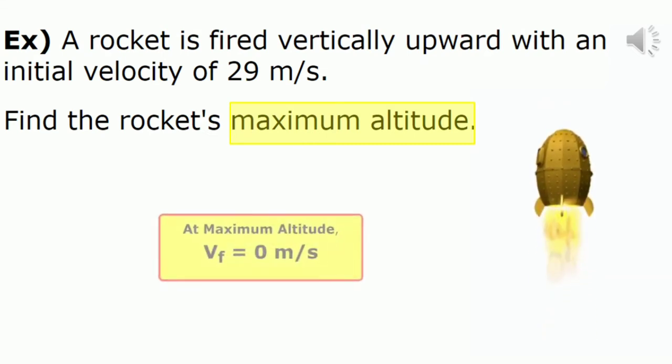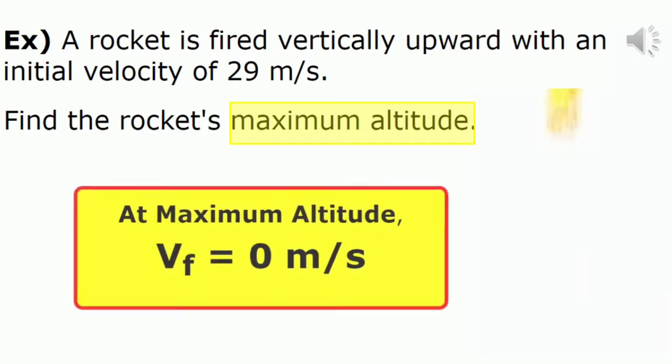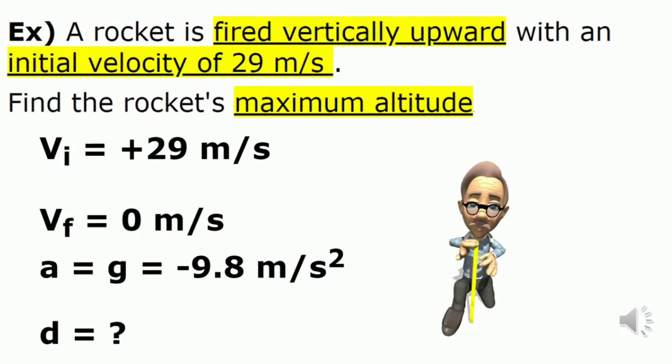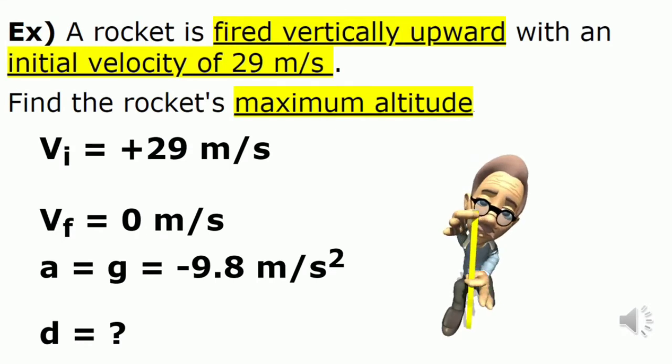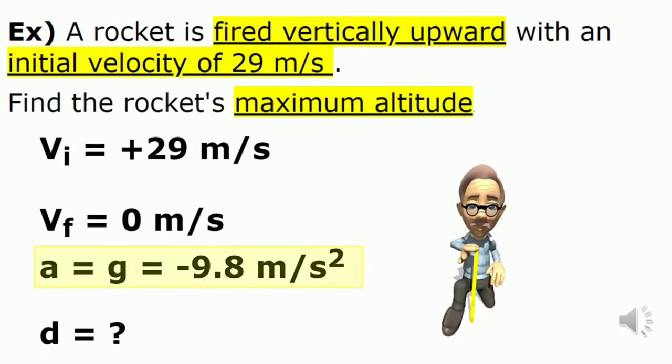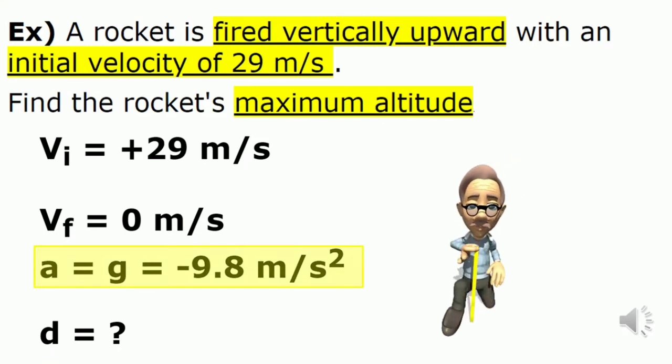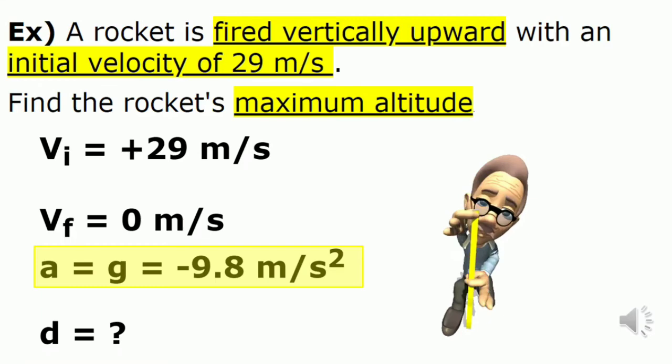Whenever you see a problem mention an object reaching its maximum altitude or peak, you know that its final velocity equals 0. Since the rocket moves upward, we make the direction down negative, so the acceleration due to gravity is negative 9.8 meters per second squared.